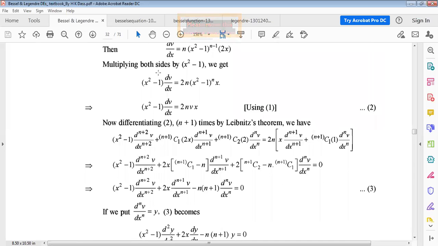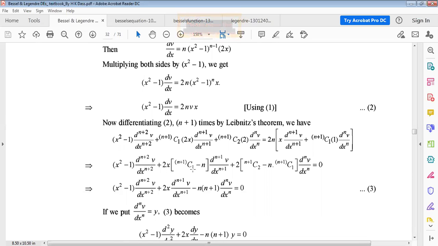So nc1 formula gives n. This is the same nc1 formula, and this is twice x, this is twice x, nc1 minus nc2. This and this taking common. Now (x square minus 1) d^(n+2)v/dx^(n+2).